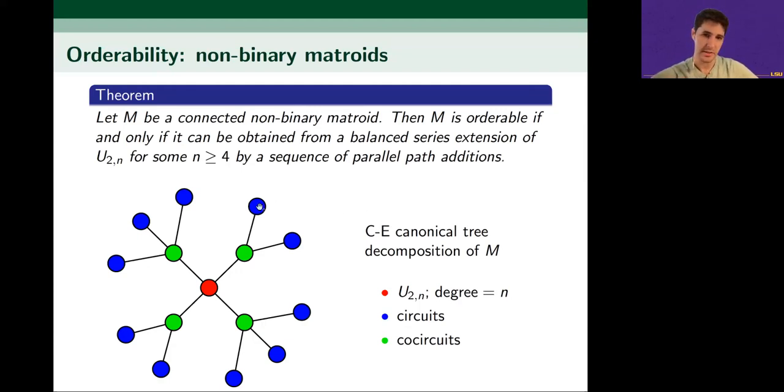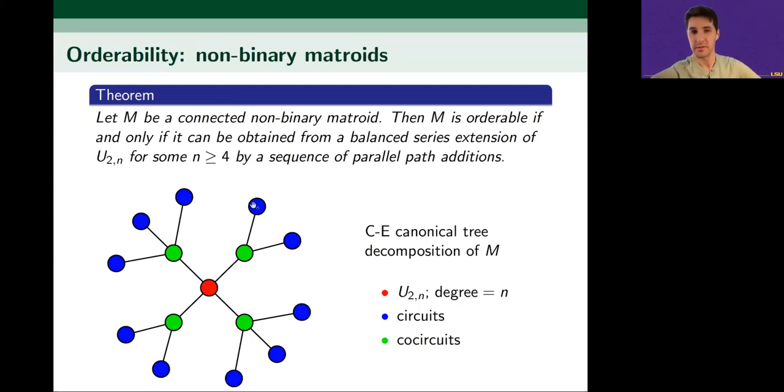Next, we start taking those leaves, which are circuits, and proving that they're the same size. And that comes from that proposition that says that a series extension of U2N is orderable if and only if it's balanced. That's what I'm using to say that these things are the same size. I'm not going into a lot of details, but you get a lot of mileage out of that little proposition.